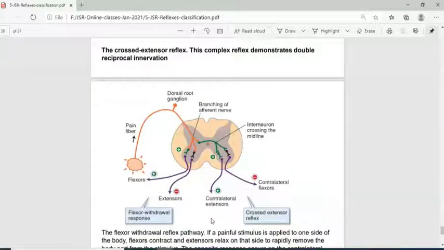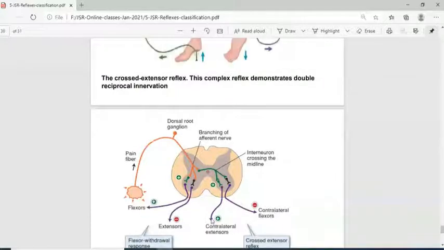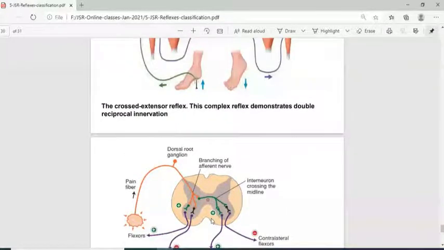Okay, so I'd like to tell you a few basic things. Whenever we are clinically examining a patient, first and foremost, we have to take consent from the patient. Please remember, when we are doing clinical examination, we have to be on the right side of the patient. If we are examining on the bedside, then we have to be on the right side of the bed.